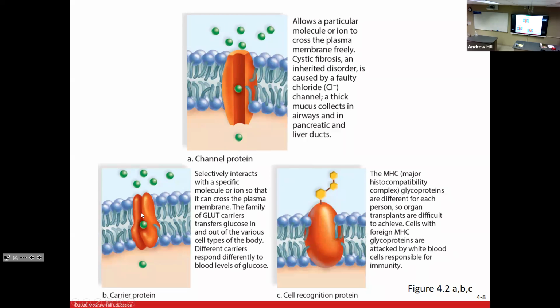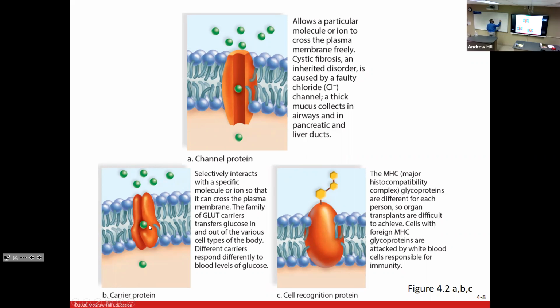Whereas with the carrier protein, something like glucose has a certain affinity for a site in this carrier protein, and it will temporarily bind, again through very weak bonds like hydrogen bonds. Once it binds, it induces a shape change in the carrier molecule, and then the molecule trying to get across the membrane moves straight across.